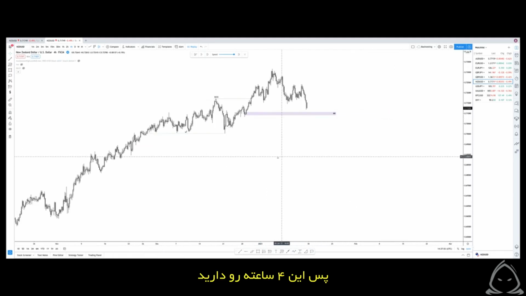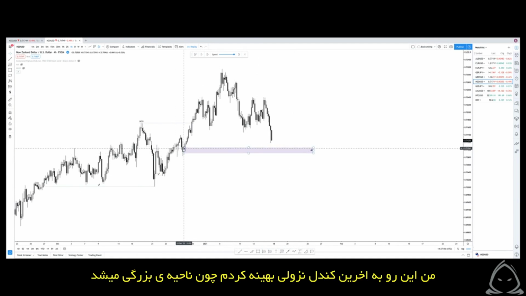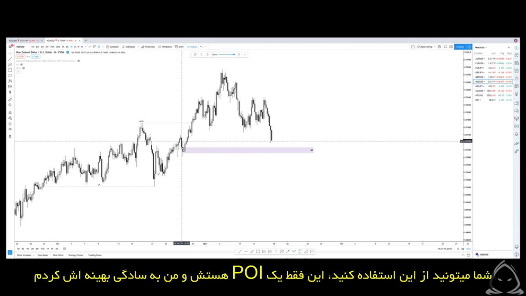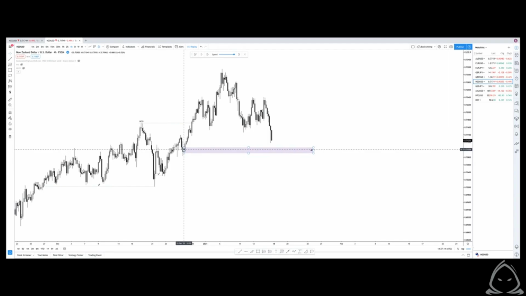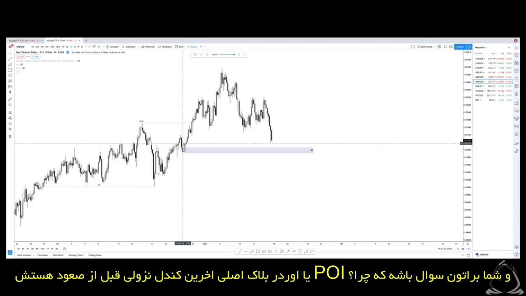Right. So you have this 4 hour here. I've refined this from the last sell before candle because obviously it's a much bigger area. You can use this as, again, simply an area of interest. I've just simply refined it. What you have to remember sometimes, if you refine it to such a small area, price may miss you and then go the other way, and you might be wondering why. Potentially the true order block POI would be the last sell before here.